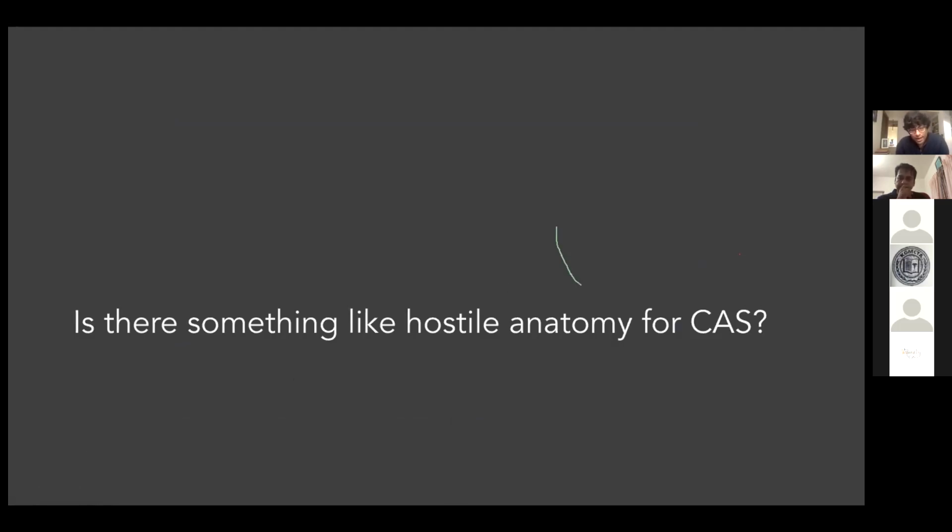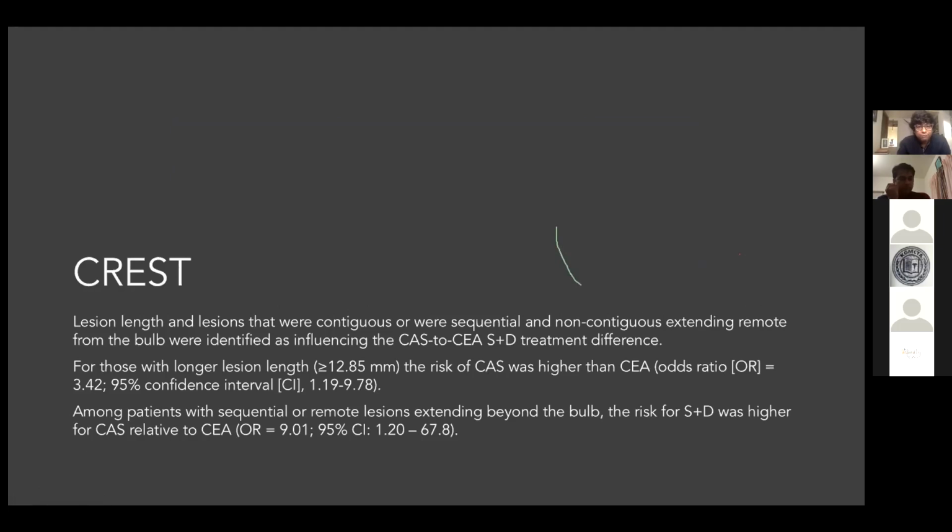Now, where do you have to be careful when you're doing carotid artery stenting? Is there something like hostile anatomy for carotid artery stenting? What does the CREST data tell us on poor outcomes, meaning acute ischemia or acute periprocedural stroke following carotid artery stenting?